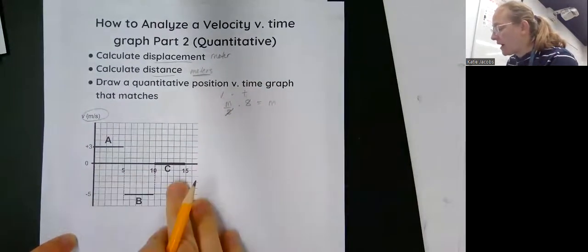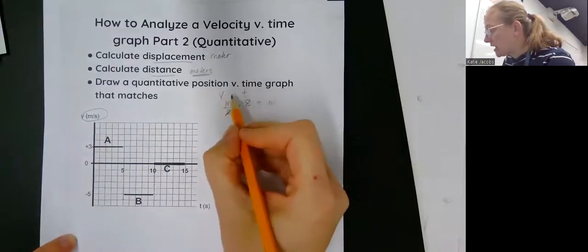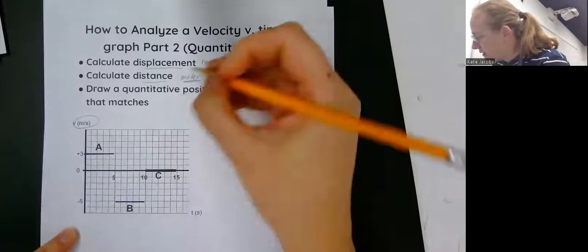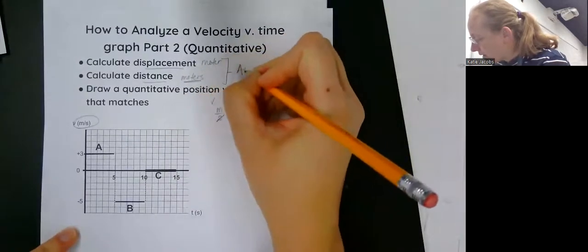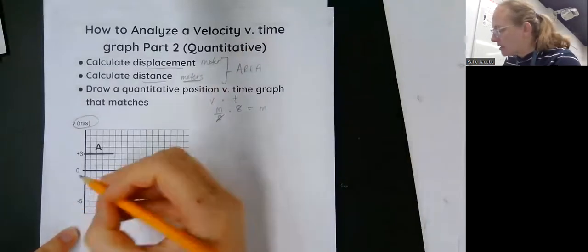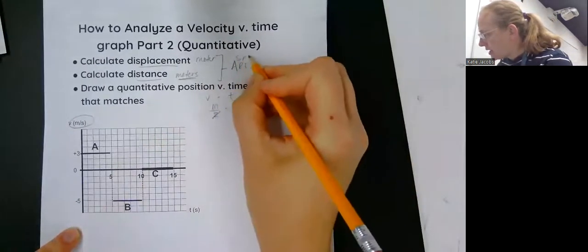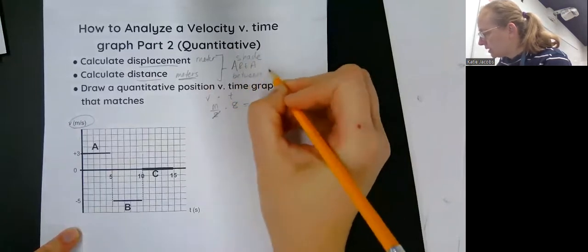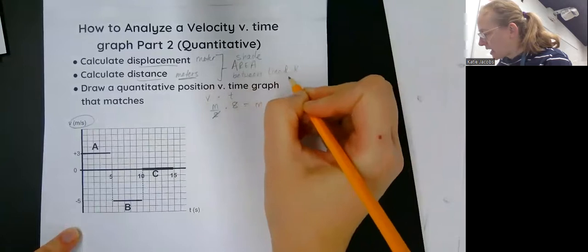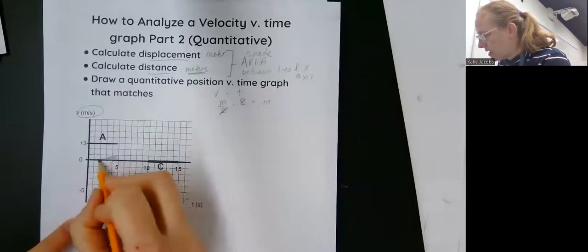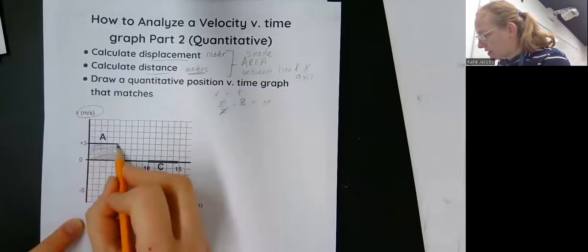On a velocity graph, to get velocity times time equals meters, I am finding the area of the graph. You're going to shade in the area between the line and the x-axis. So for segment A, it would be this rectangle here.